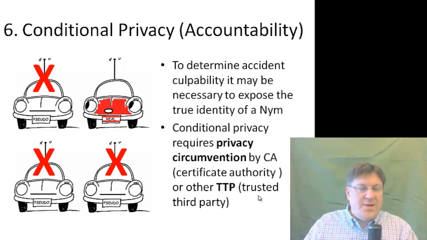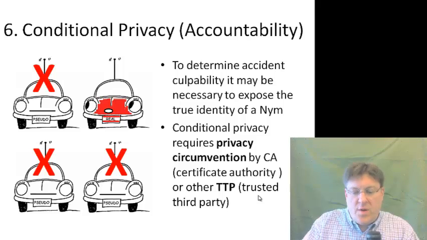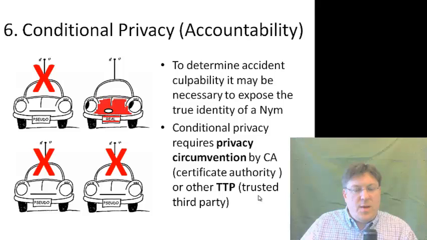Number 6, conditional privacy, we call accountability. Let's suppose there's an accident and somebody needs to find out. They know what the pseudo ID was, but they don't know who it belongs to. There needs to be some method to reverse the privacy protection, perhaps going to the certificate authority and identifying the original owner, the real vehicle ID.